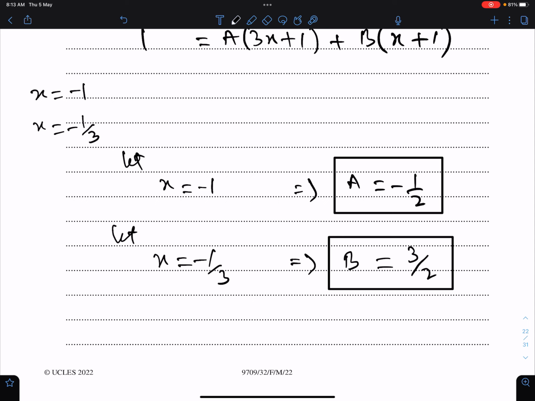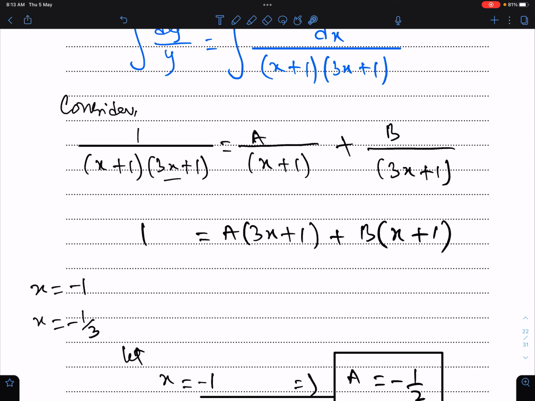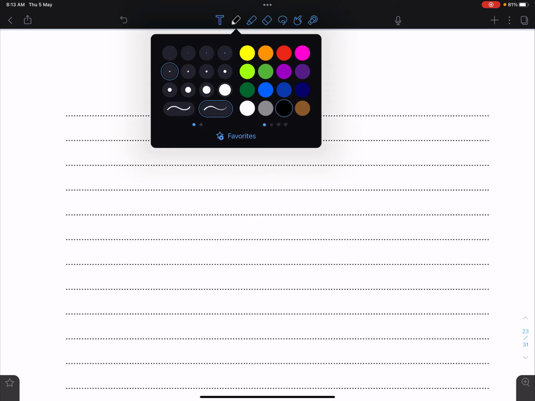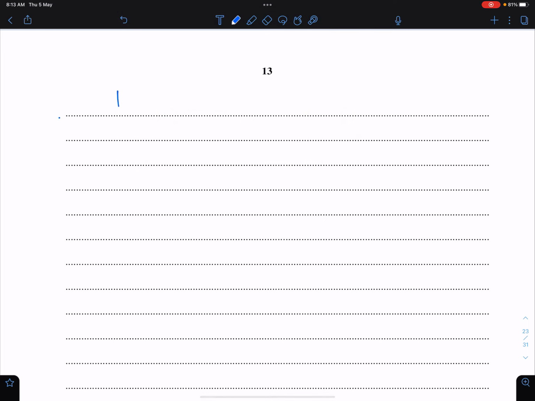Now we have to substitute the values of a and b here. So we have 1 upon (x plus 1)(3x plus 1) equals: the value of a is minus half, and the value of b is 3 upon 2.